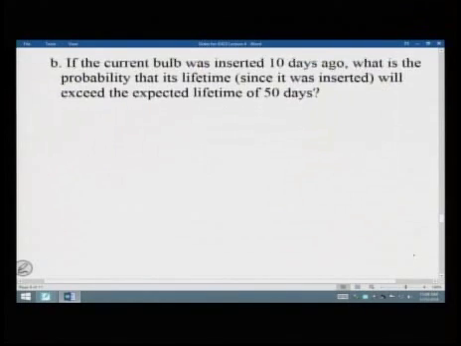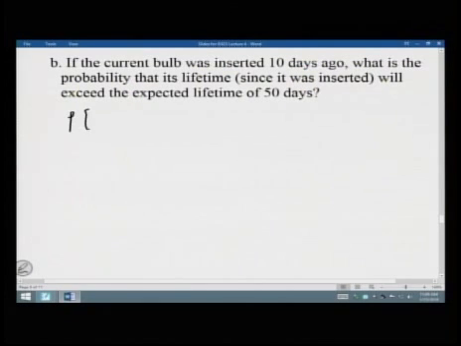Okay, what about the next question then? If the current bulb was inserted 10 days ago, what is the probability that its lifetime, since it was inserted, will exceed the expected lifetime of 50 days? So what is the desired probability?